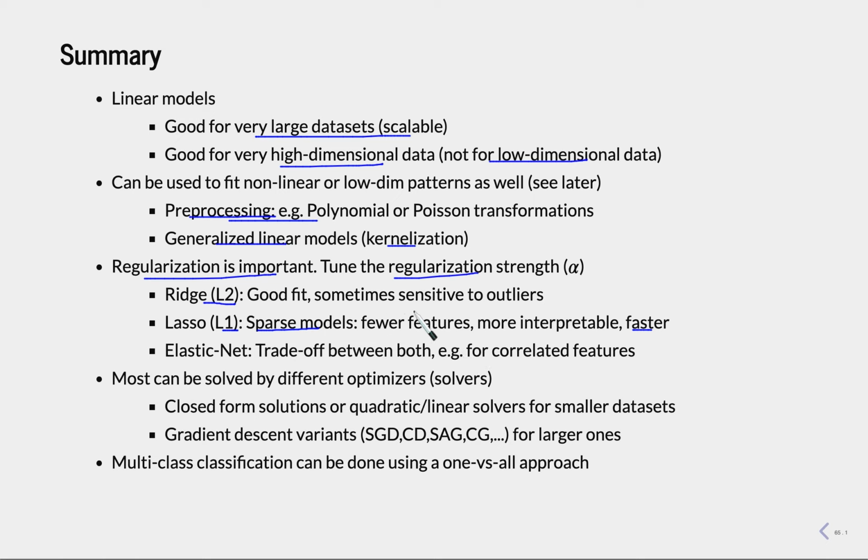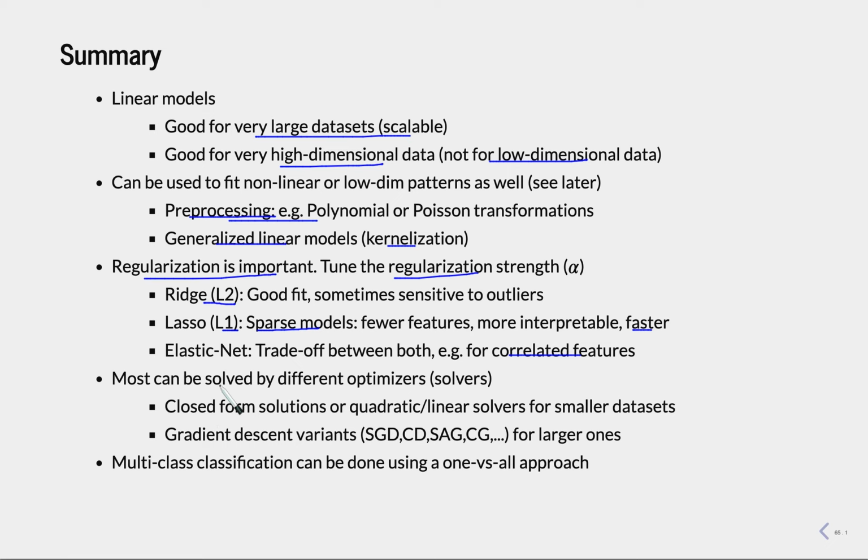Right? If your model only has a few features in it, it's fast to make predictions. ElasticNet allows you to trade off both, which is useful, for instance, if you have correlated features, which L1 will randomly remove, while having this trade-off allows you to keep both of them.